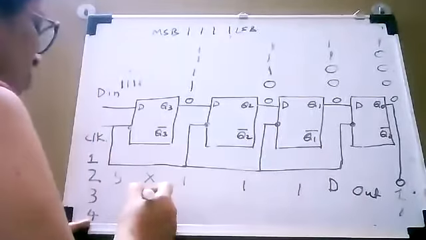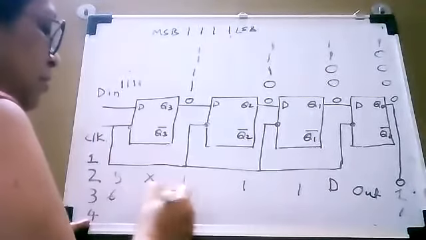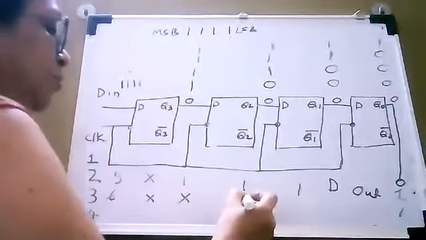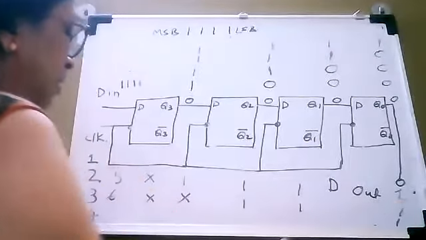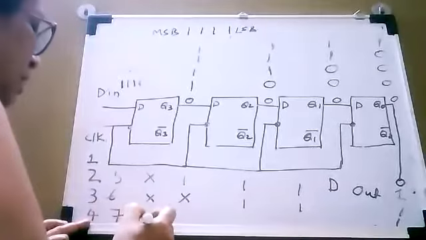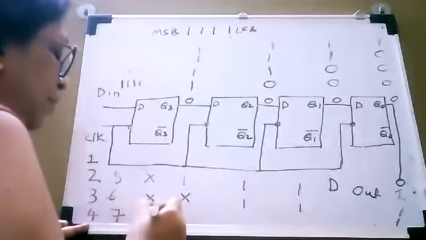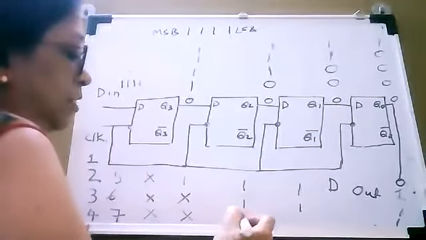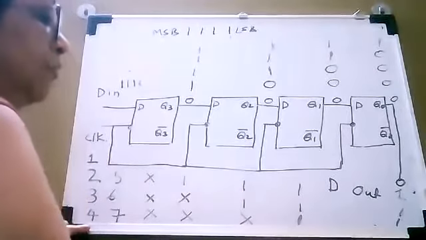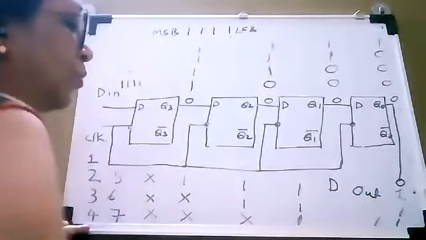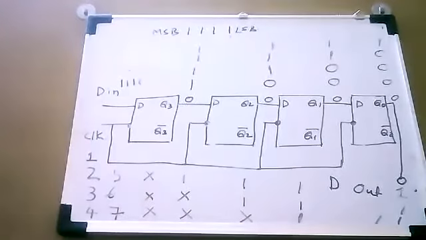So 1 is outputted again. So during the sixth clock pulse, don't care about these two flip-flops. Okay. So again 1 is outputted. During the seventh clock pulse, don't care about all these three. Only the fourth will be 1. So at the end of the seventh clock pulse, all data is outputted serially.